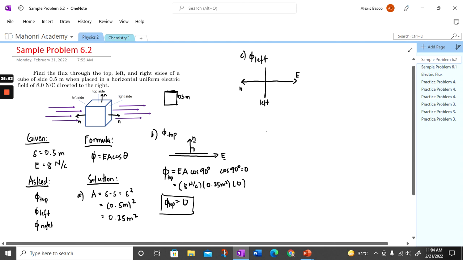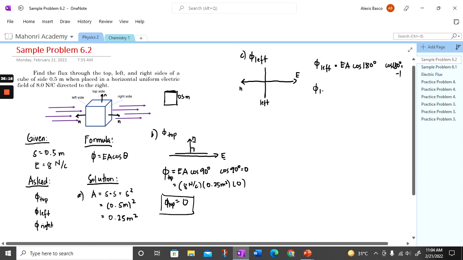So what happens is that my electric flux on the left is equal to EA cosine 180 degrees. And cosine 180 degrees is actually equal to -1.